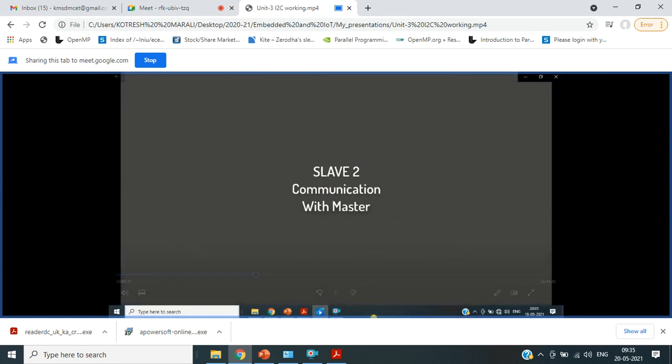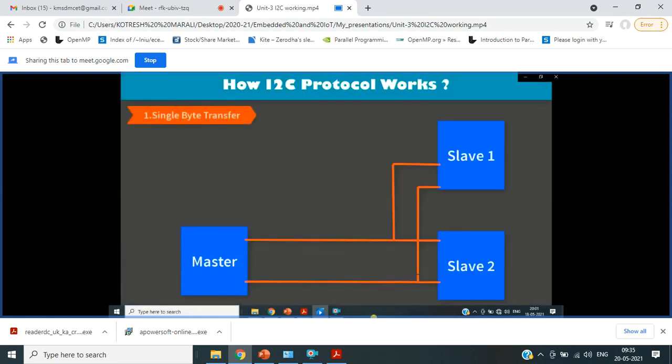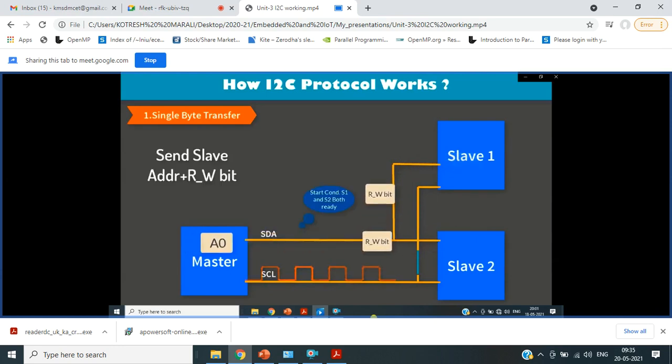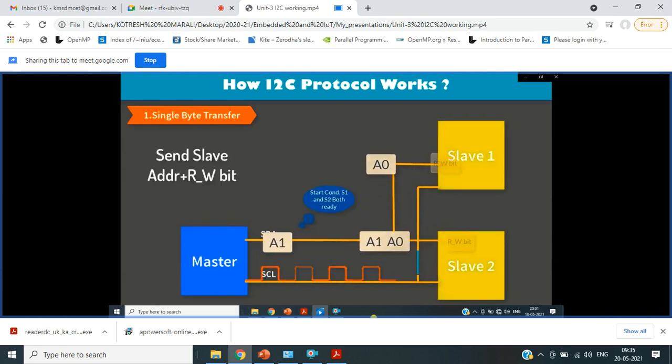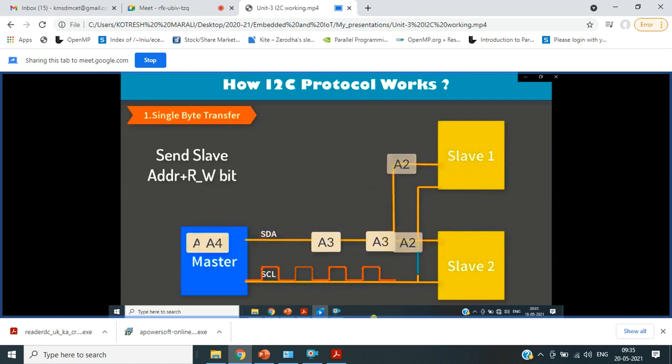Similarly, this is another example where a slave is communicating with the master. Initially it sends a start signal to both slaves, and a redirect bit to both.